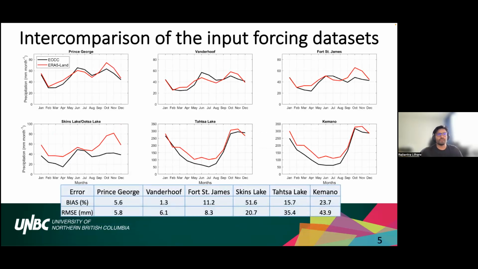The first step was to intercompare the input forcing data sets for the hydrological model. Across the 6 sites in the Nechako, we compared the precipitation data, and you can see here the ERA5-Land data, represented in red, and the black one is the observed data from ECCC.